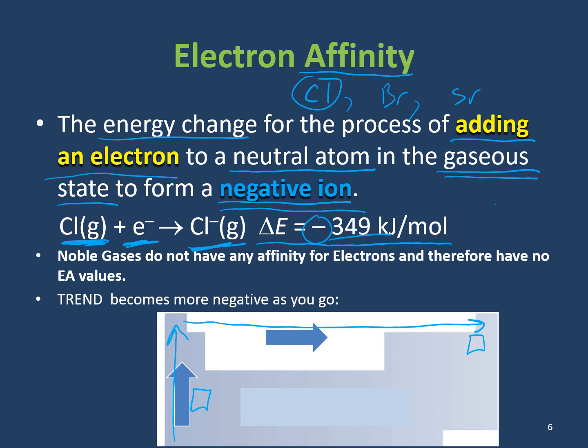Or put them in order. Then Sr would be first, then Br, and then Cl, as we increase electron affinity going this way, in terms of the magnitude, not so much the sign. So questions like that could be for any of these different trends, like how big is it? Put it in order, or pick which one's the largest out of these three, or four, or five, whatever.